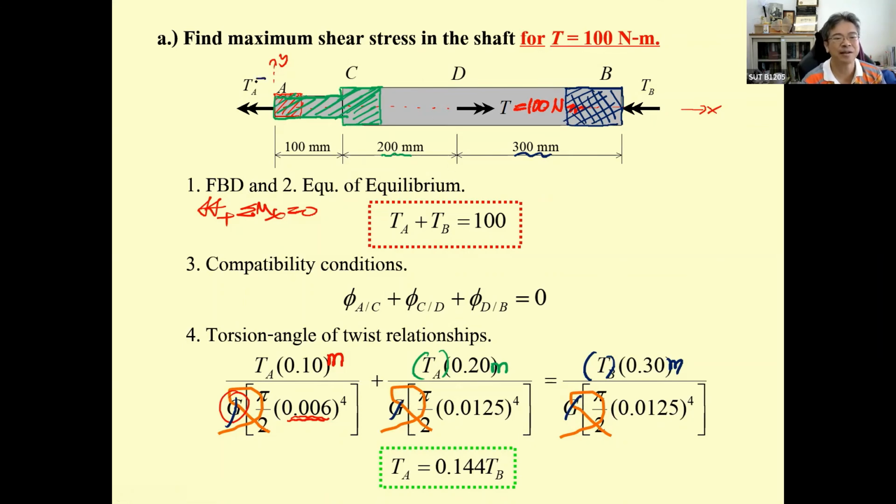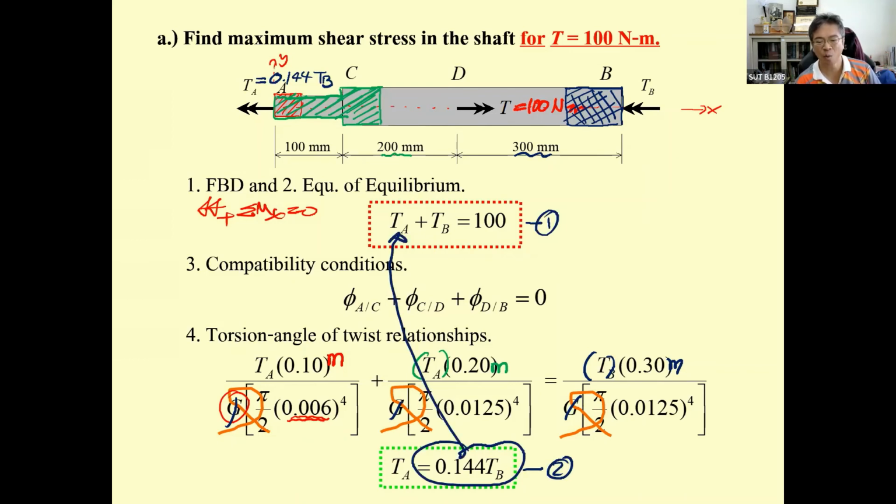This is pretty small, 0.144 T sub B. T sub B is taking a large portion of that. And then if you solve this equation, this is equation number 2, you may take T sub A and put it into here.